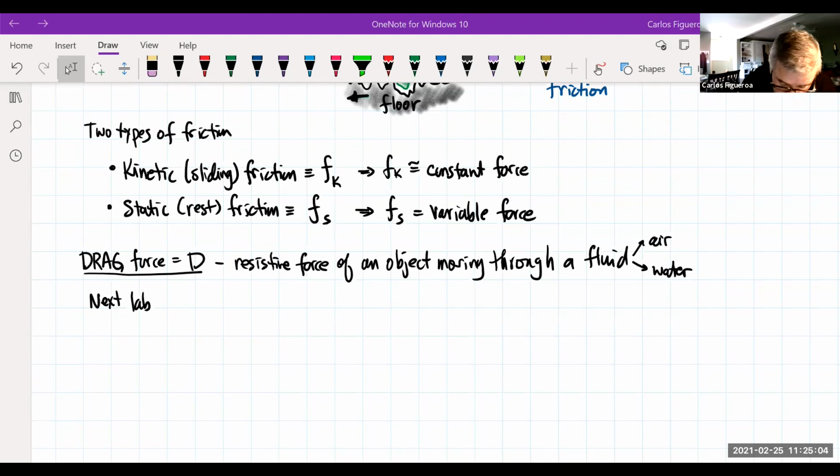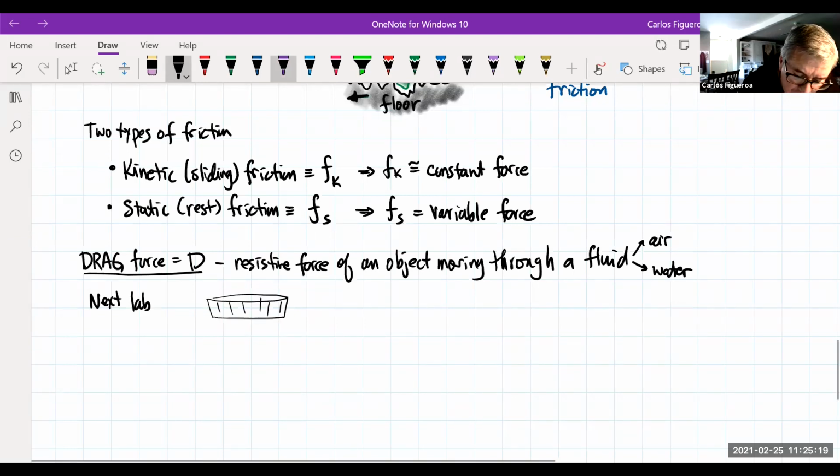What you're going to do here is that we have these big coffee filters. And you're going to drop them in air. And as you drop these in air, you have air molecules. So as this thing falls, you're getting numerous collisions with the air molecules.